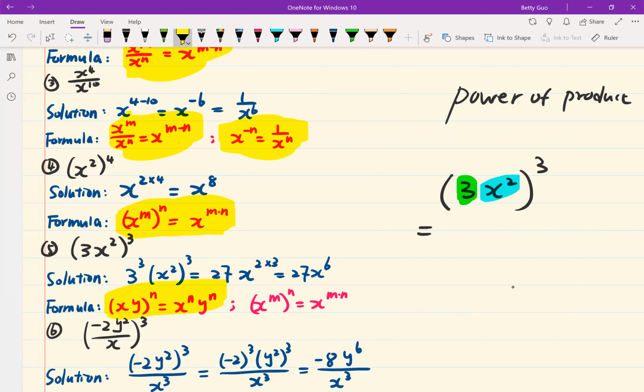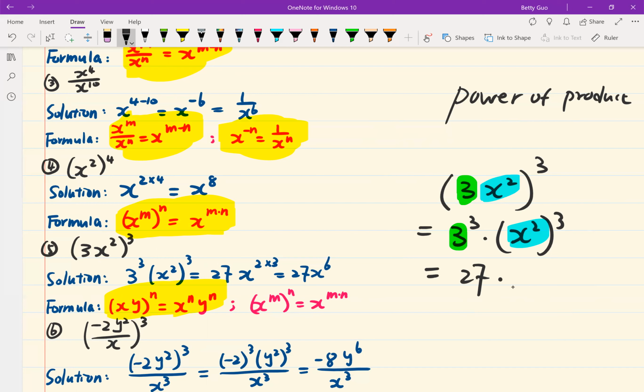Power of a product equals the product of powers. We can write the expression as 3 to the power of 3 times x squared to the power of 3. So green cubed multiplied by blue cubed, right? 3 cubed, 27.